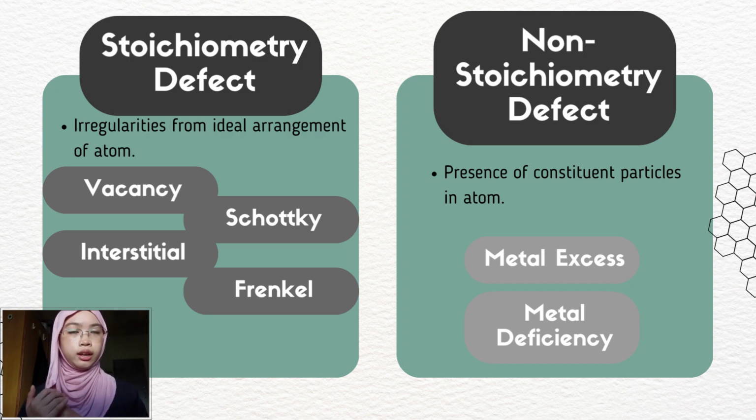The ratio of cations and anions remains the same. There are 4 types of this defect: vacancy, Schottky, interstitial, and Frenkel defect. Non-stoichiometry defect is the presence of constituent particles which makes the ratio of cation and anion different. There are 2 types of this defect: metal excess and metal deficiency.